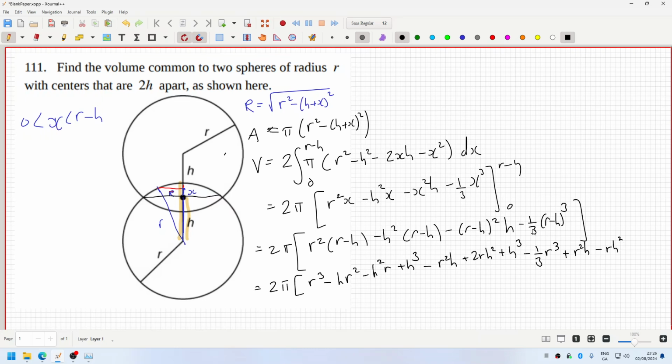I hope I'm doing this right. And then the last one's a minus, and minus a plus 1/3 H cubed. That's 2 pi.